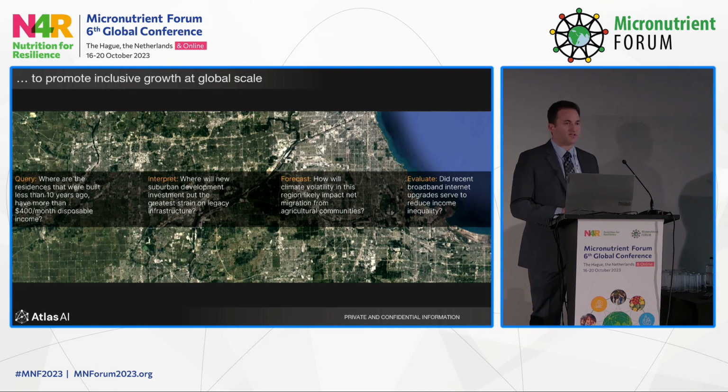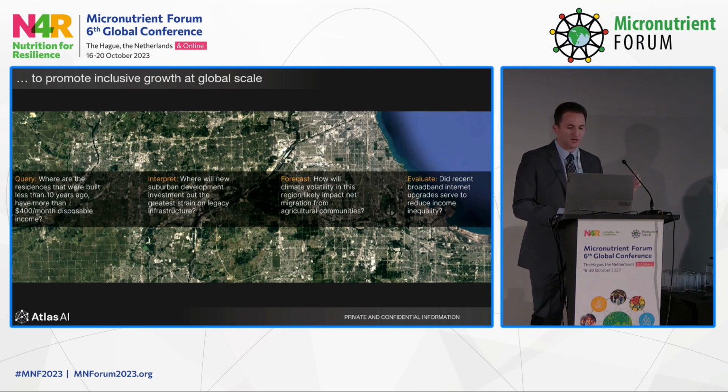We're now starting to see the applications of this technology for forecasting, anticipating over the next 1 to 5 years how communities are likely to develop based on all of the historical information we have about their trajectory as well as recent insight into change. And then finally, we have a number of partners that are using this information to evaluate the impact of programs based on observed changes in the underlying data sets that Atlas AI has produced.